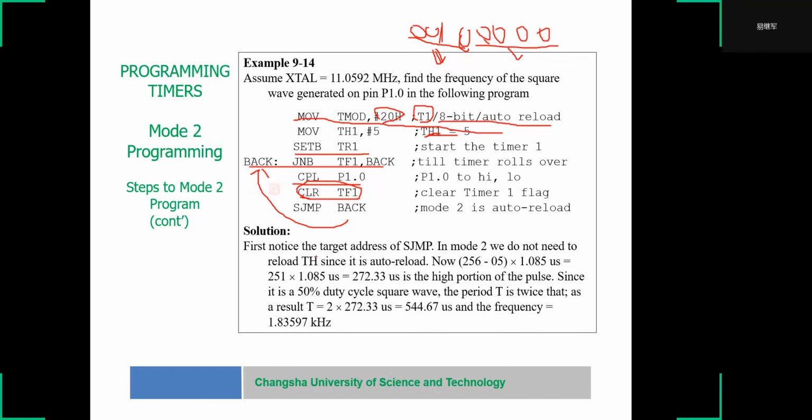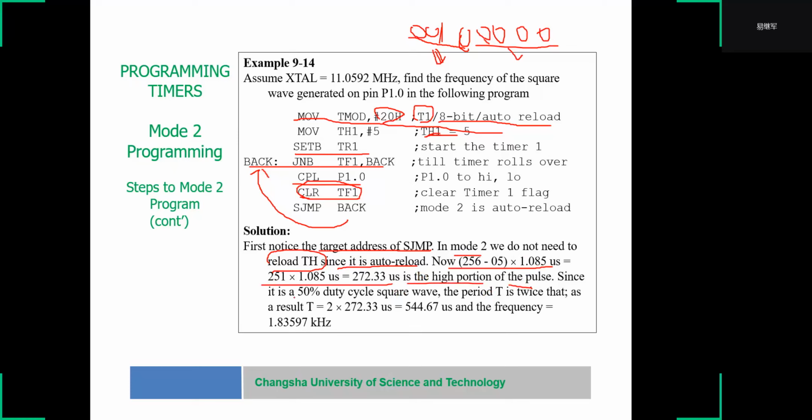The target address of LJMP. In model 2, we don't need to reload TH. Since it is auto reload, now we can calculate the delay time. This is the high portion of the pulse.